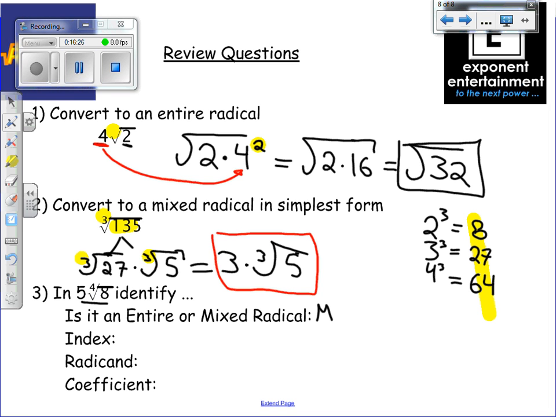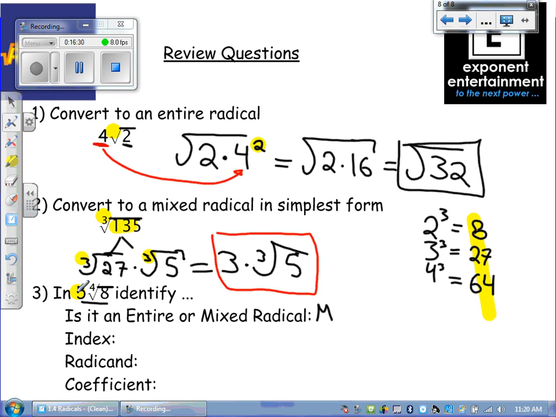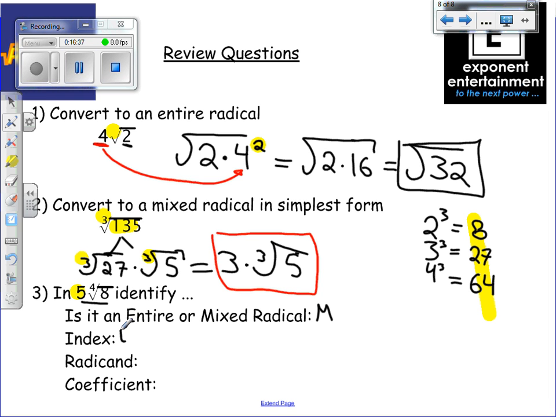So what's the index in this question? 4. What's the radicand in this question? 8. And what's the coefficient in this question? 5. Yeah. Any questions where those numbers came from? That's just definitions. Okay.